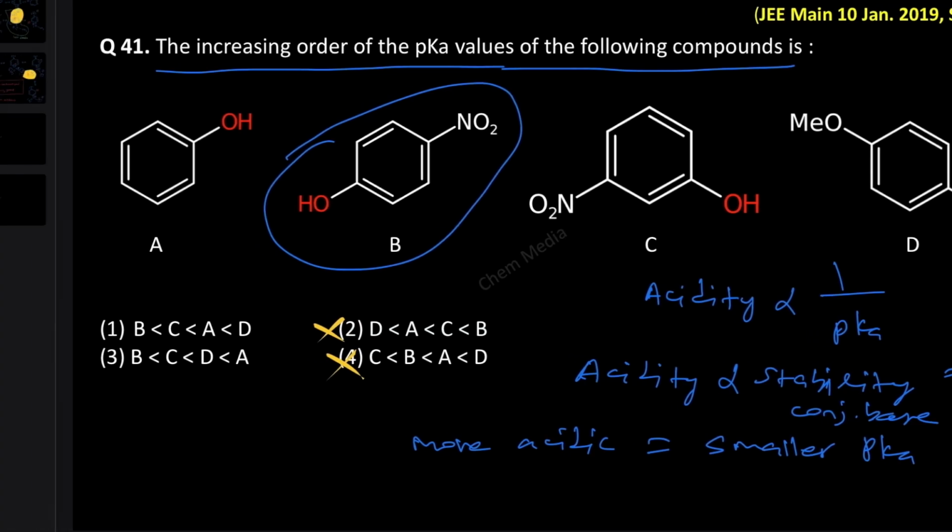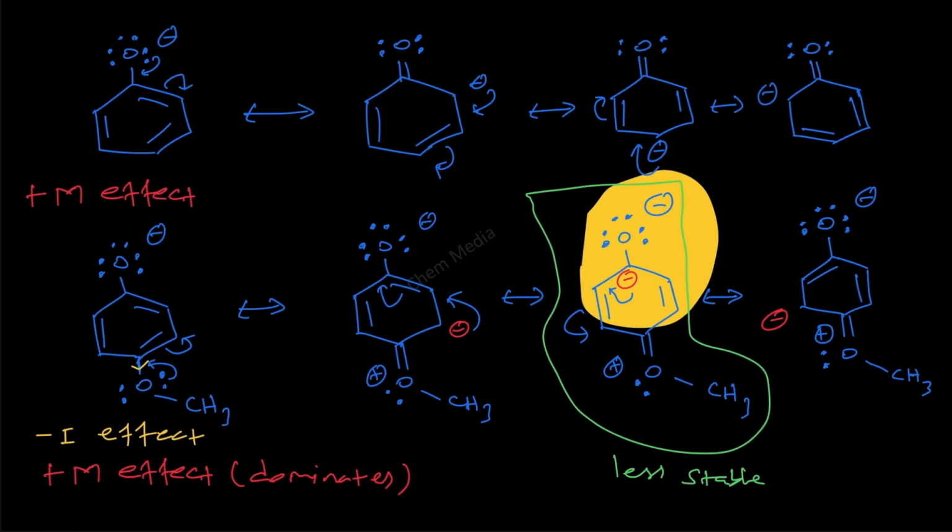Why? Let's compare the resonance structures of phenol and paramethoxyphenol. If we look at the paramethoxyphenol, one of the resonance structures will have two negative charges adjacent to each other. So such a resonance structure will be less stable.